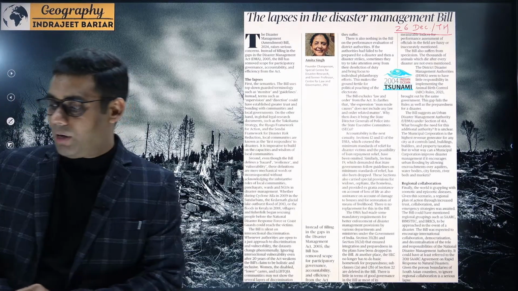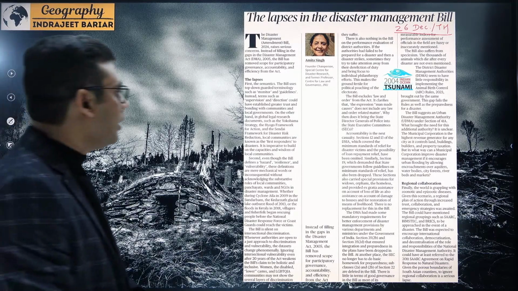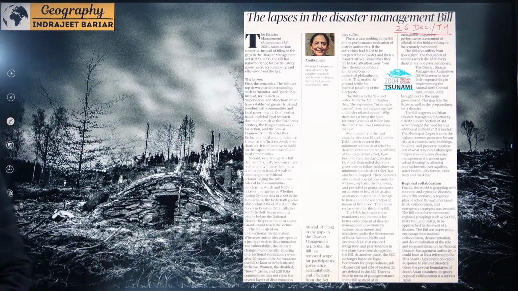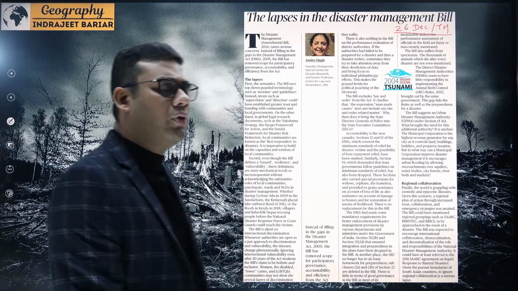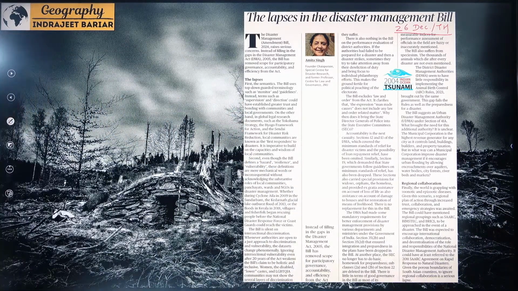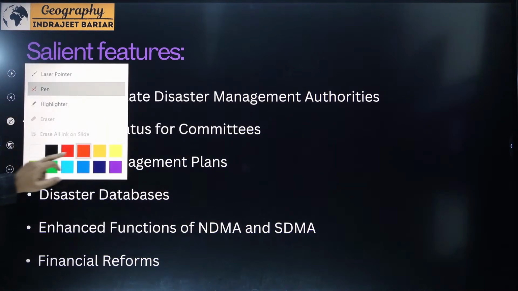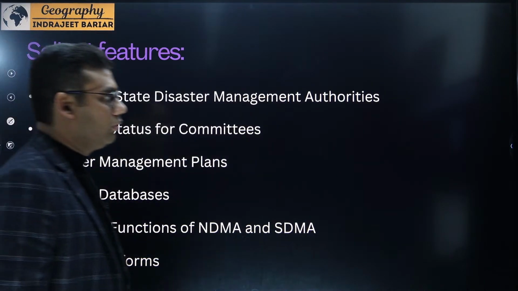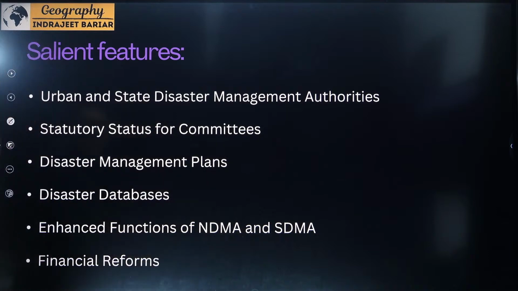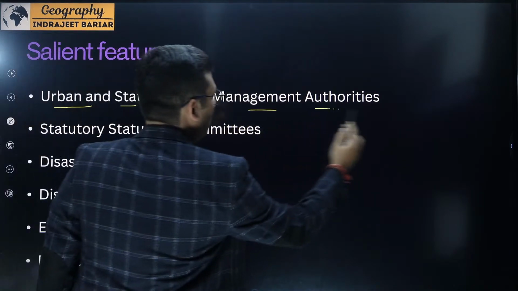So the Disaster Management Bill that was introduced in 2024, what have been the lapses, what have been the issues, and this would be specific to your mains examination. The first thing that we talk about would be the salient features of this bill, and under this the first one is the Urban and State Disaster Management Authority.